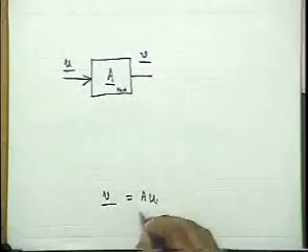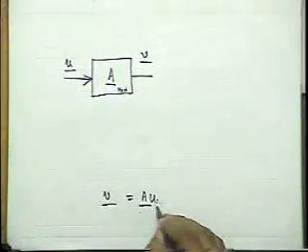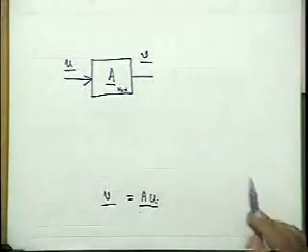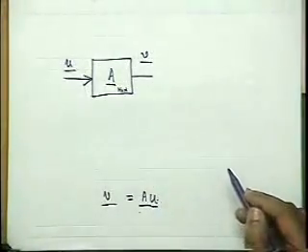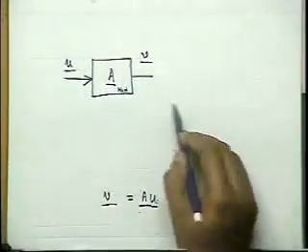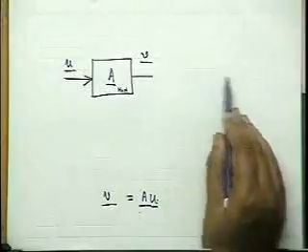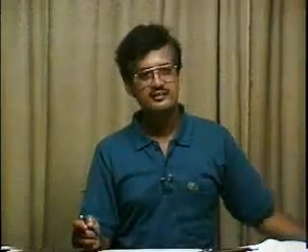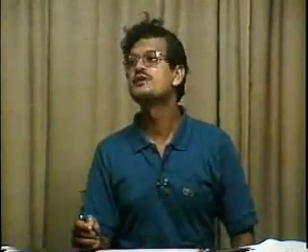Now if I had put yet another block A star transpose over here, then at the output I would have got the u vector back. But I am not going to do that.